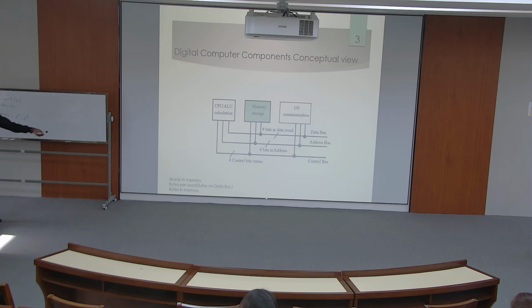This is the number of bytes on the data bus, since we have the number of bits on the data bus. So this is also called the number of bytes on the data bus.